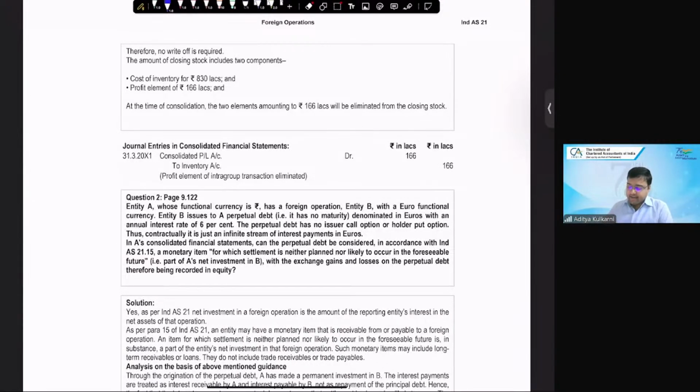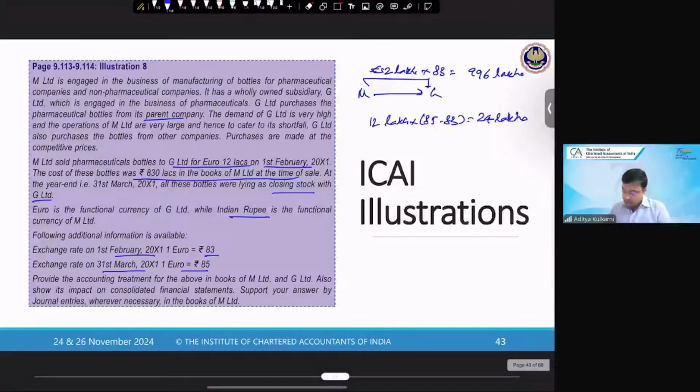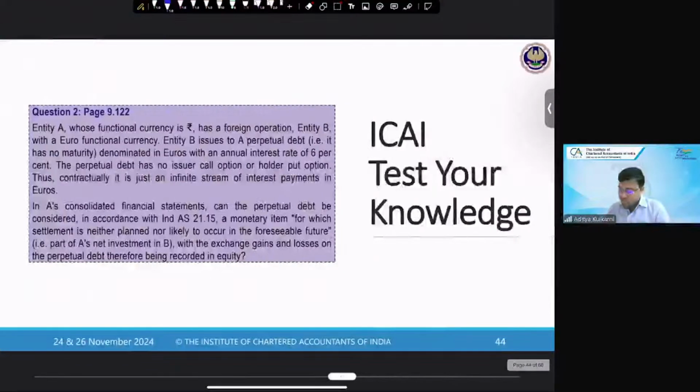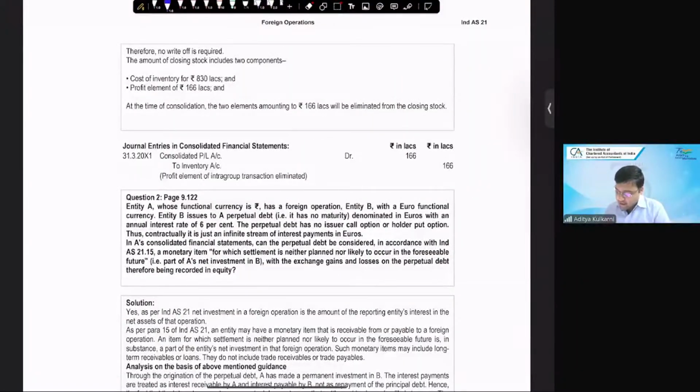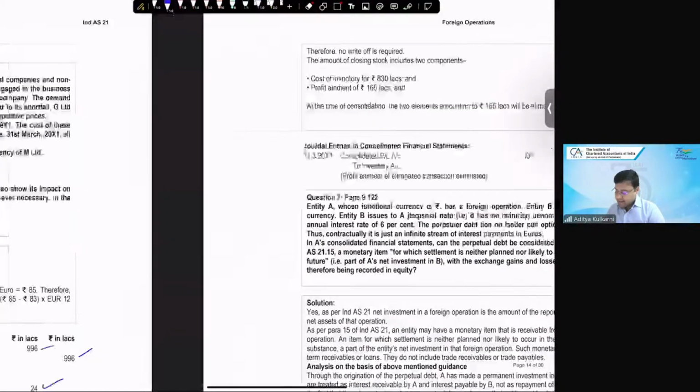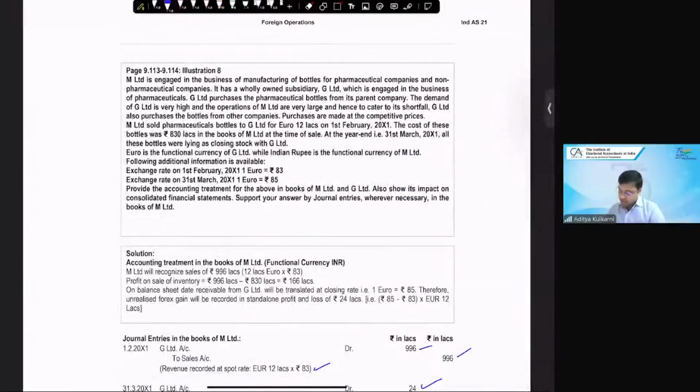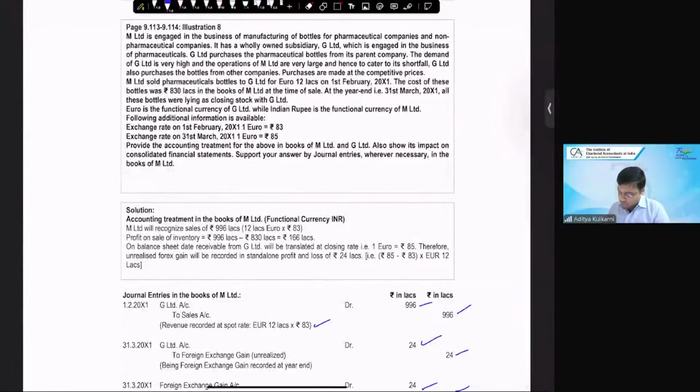That's it. And then in the case of closing stock, the cost of these bottles was 830 lakhs. And the profit element is 166. How did we get the profit element? Profit on sale of inventory, 996 minus 830, is 166.